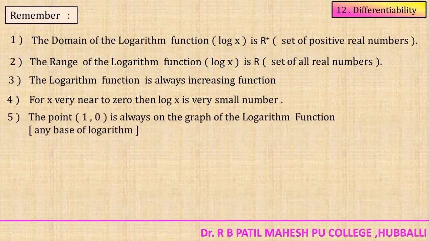And the fifth point is that the point (1, 0) is always on the graph of the logarithm function, for any base of the logarithm. Remember, if I take x as 1, as I said, the logarithm of the number is nothing but the power of the base. Now, 1 we get if the power is 0 for any number, because any number raised to 0 is 1.